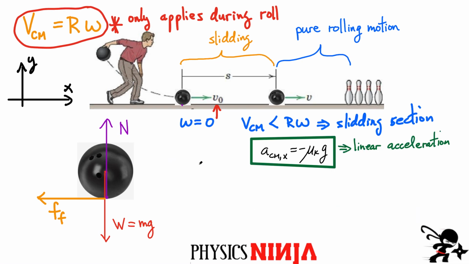All right, now I want to look at the dynamics associated with the angular motion over here. What I mean by that is I'm interested in the rotation of this and what the angular acceleration, alpha, is going to look like.